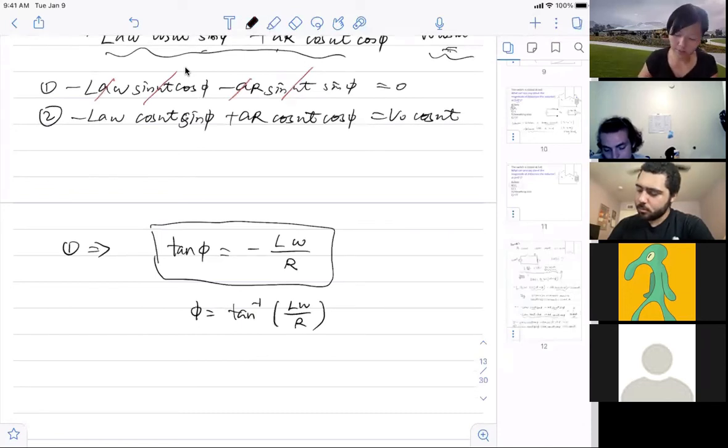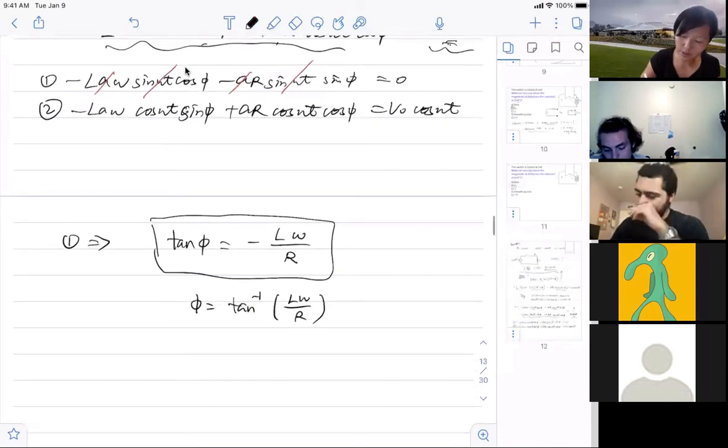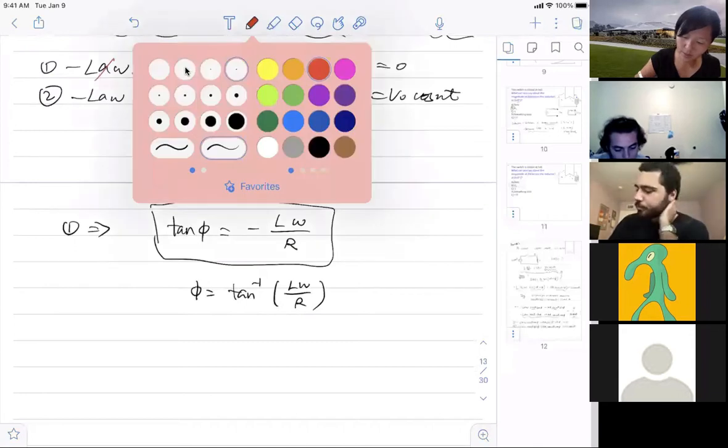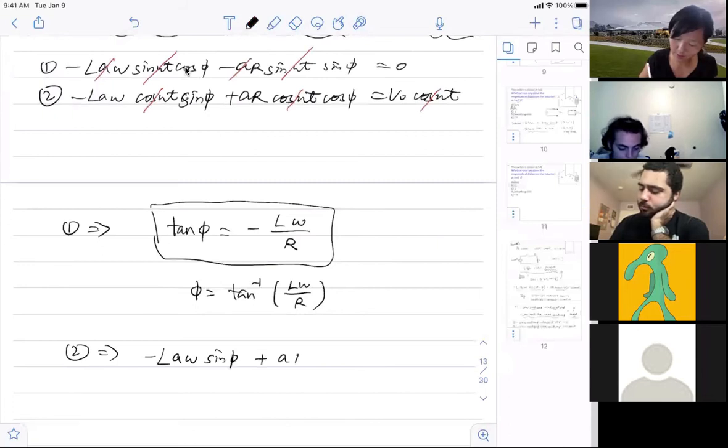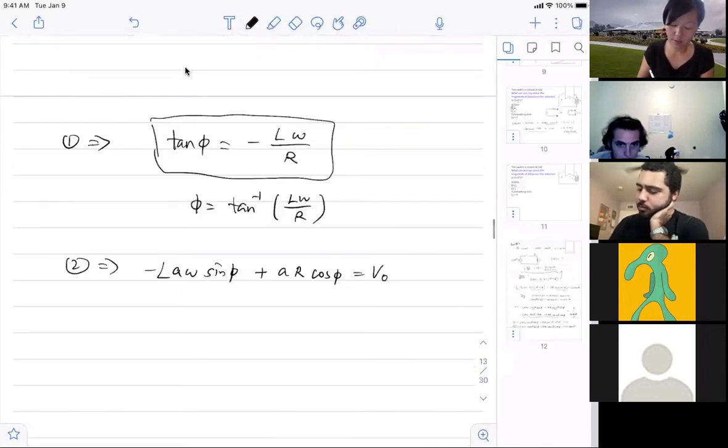To get it, let's cancel cosine omega t, because it is in all the terms, and rewrite equation 2. Equation 2 now becomes negative LA omega sine of phi plus AR cosine of phi is equal to V naught.